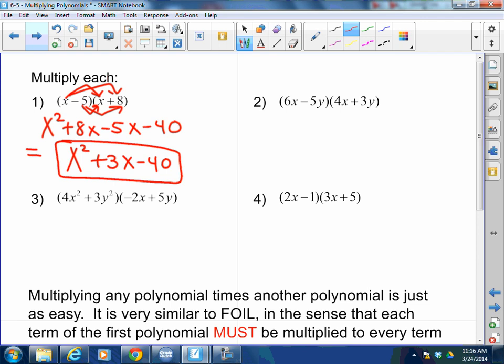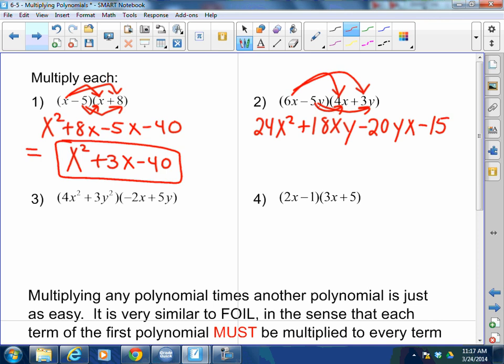Number 2. Very good. You're going to multiply this first term to everything in the second parenthesis. That's 24x squared. Very good. Plus 18x. Excellent. Then negative 20yx or xy. They're both the same term. And then negative 15y squared.